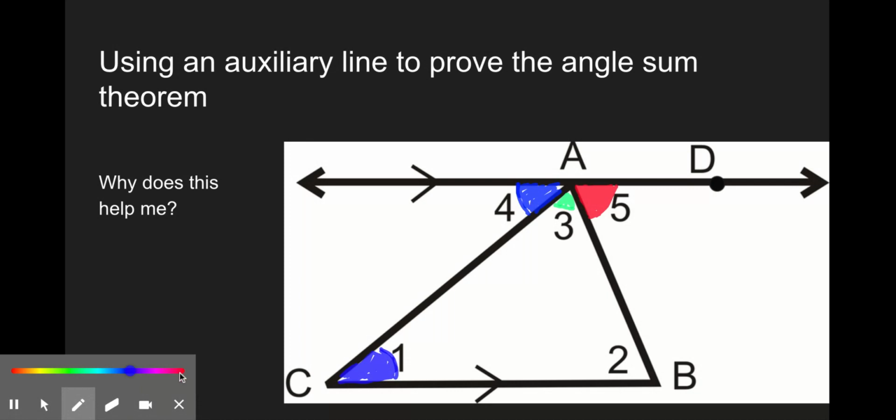And then I can use the same logic over here. And so if 4 plus 3 plus 5 is 180, and 1 is the same as 4, and 2 is the same as 5, then hey, I think there's 180 degrees total in here.